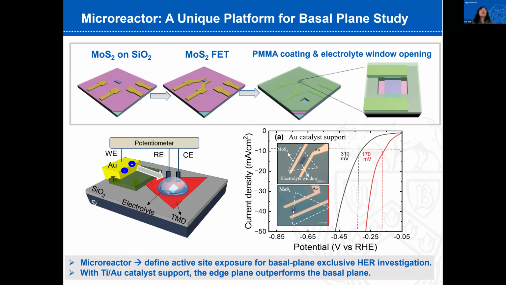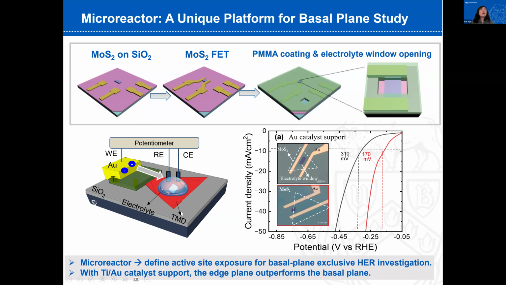Here is our microreactor structure. Basically, we have MoS2 on the growth substrate, which is silicon oxide, and we can pattern some electrodes to connect the MoS2. Then we coat PMMA entirely on the surface, only leaving a small window to expose the desired area of MoS2 to be in contact with the electrolyte droplet.